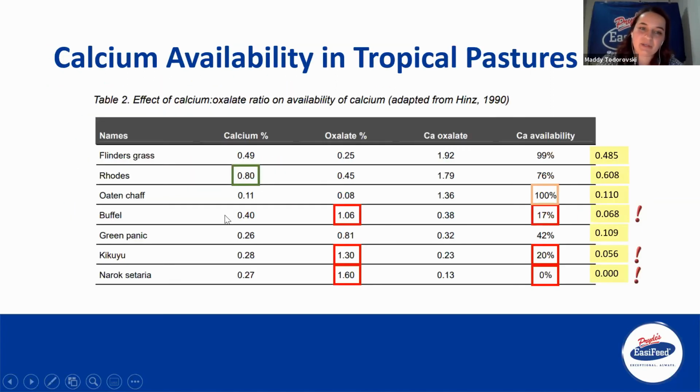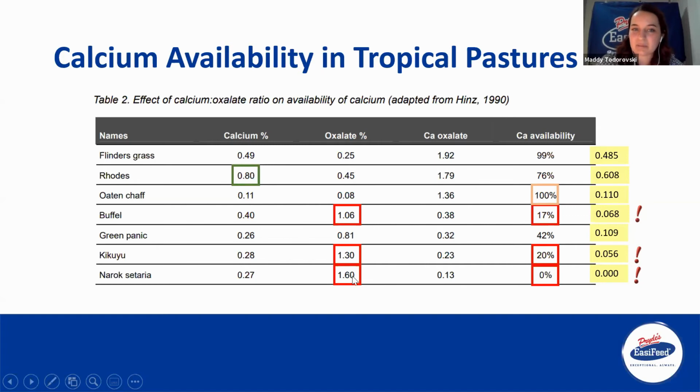And then if we go down to our setaria, we've got 0.27% calcium, and our oaten chaff here is 0.11, so almost less than half. However, the oxalate in our setaria grass is 1.6%, but in oaten chaff only 0.08. So if 100% of that calcium is available, the 0.11, they're getting all of that calcium.